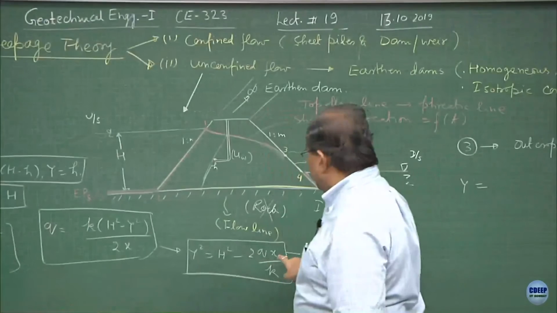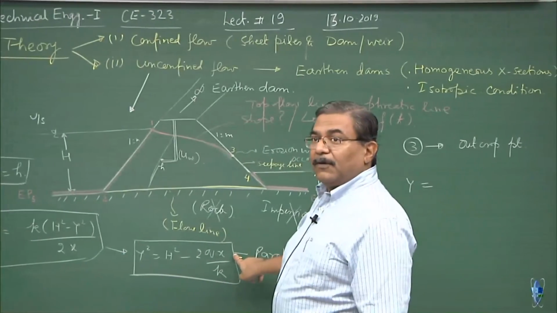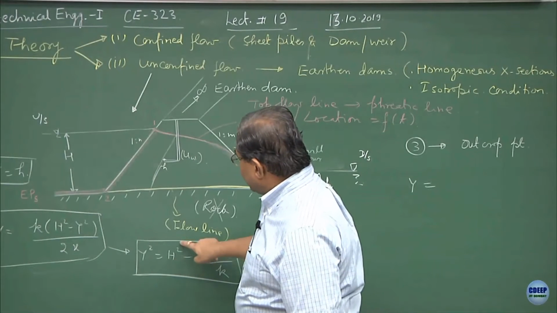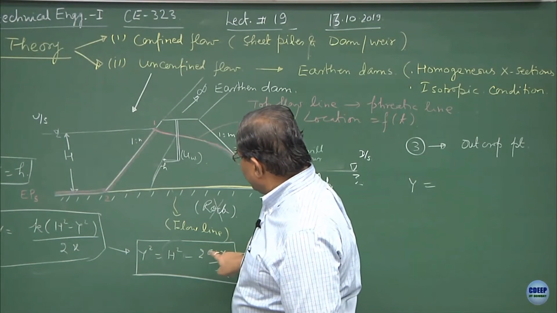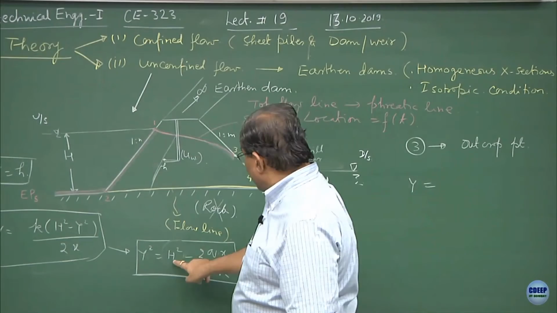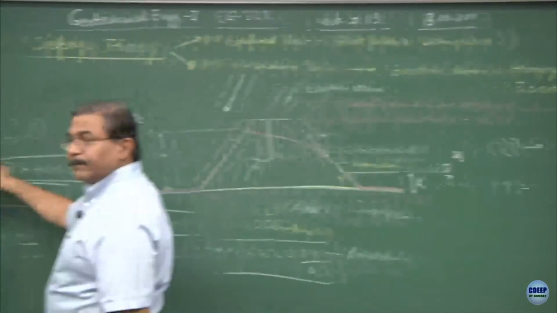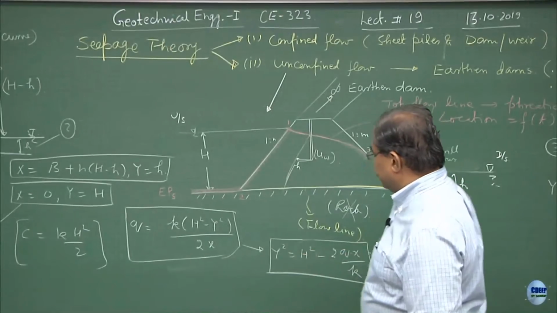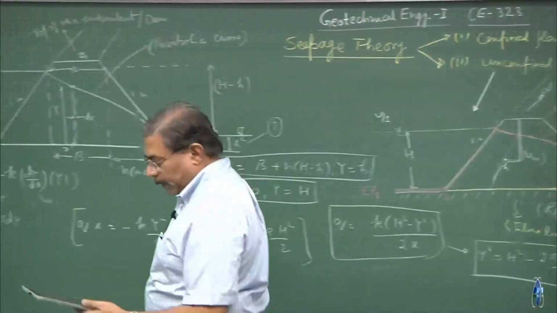Y square is a function of x, is a parabola. Your h is given constant, is it not? Q will remain constant for a configuration of h and small h. K is constant, and hence this is a parabolic function. Alright.